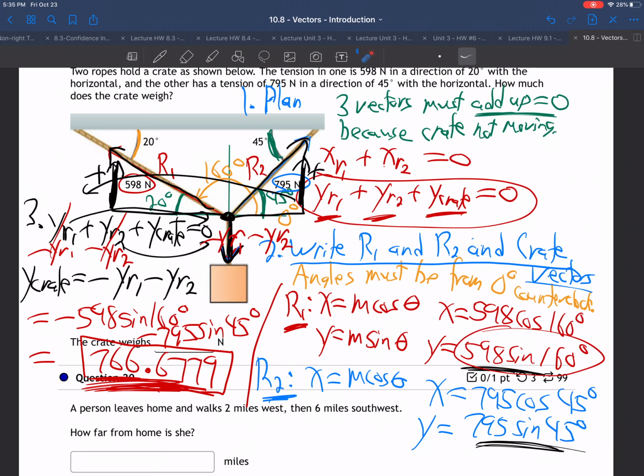So that's 160, and therefore that's a 20-degree angle here. So we did the x and the y. X is m cos theta, y is m sine theta, m is the magnitude. We found the x and the y for the two rope vectors, and we solved this little equation. The y values for the rope vectors must add up with the y value from the crate vector to be 0. We solved for the y value from the crate vector and it came out negative, but they don't want the negative answer.